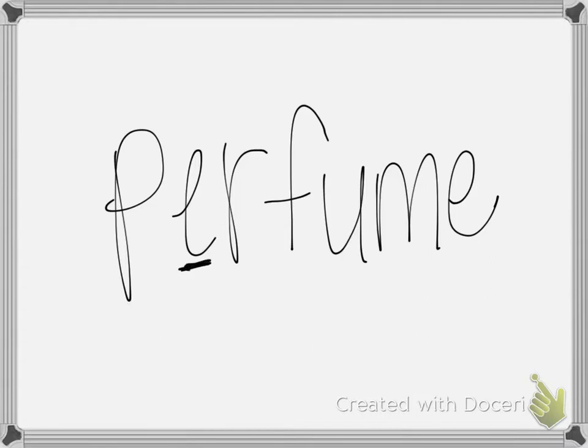So we have an E, we have a U, and we have an E, okay? Then looking, what is separating your E and your U? An R and a T. An R and an F.